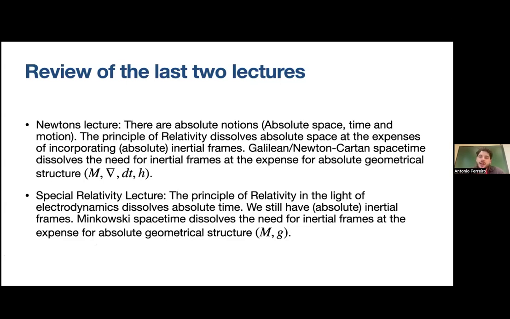We also saw that both Galilean and Newton-Cartan spacetime, which involves the curved structure of gravity, dissolve the need for inertial frames at the expense of absolute geometrical structure. So if we want to formulate the theory independent of inertial frames, or independent of coordinates, then we have to impose some geometrical structure, which one can reasonably say is absolute.